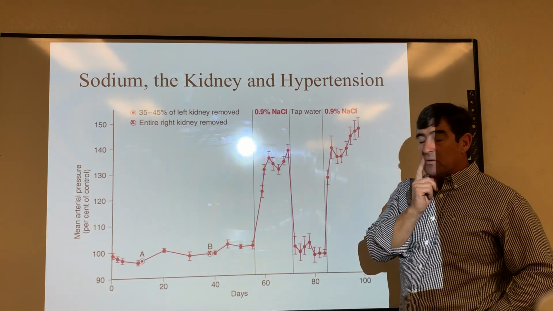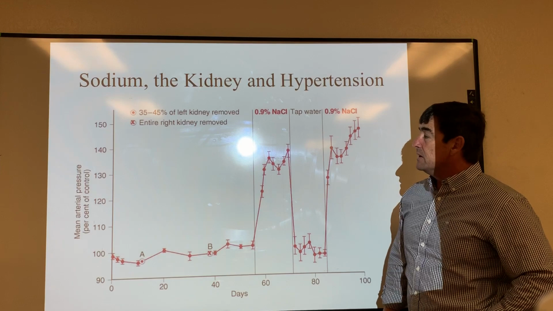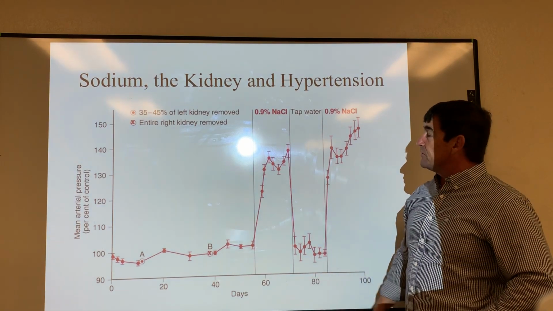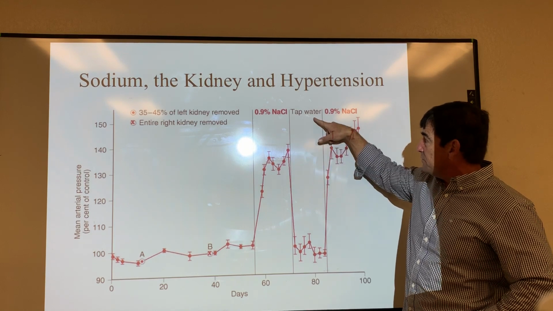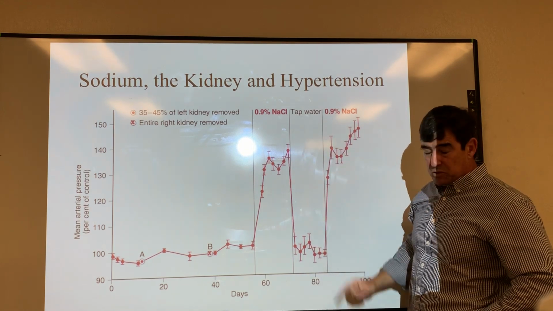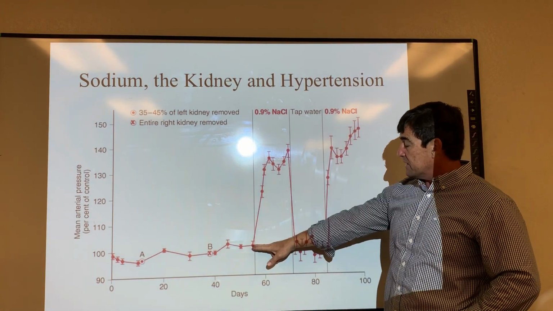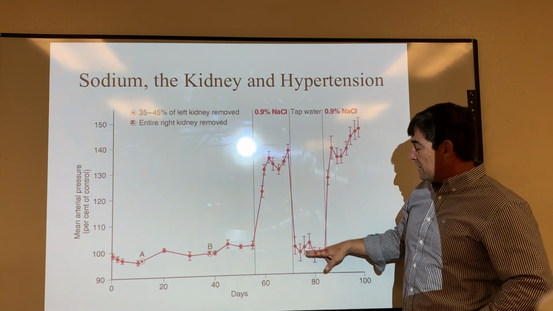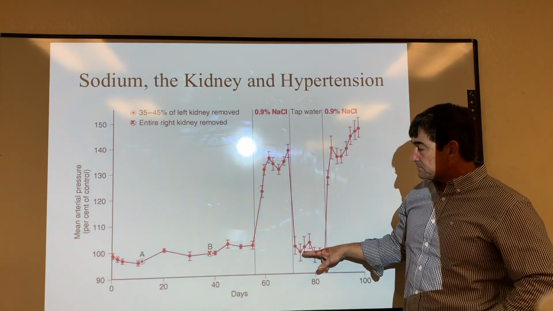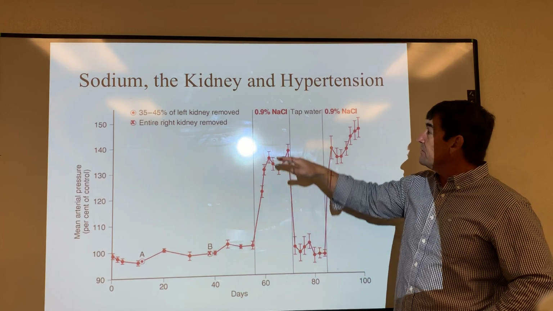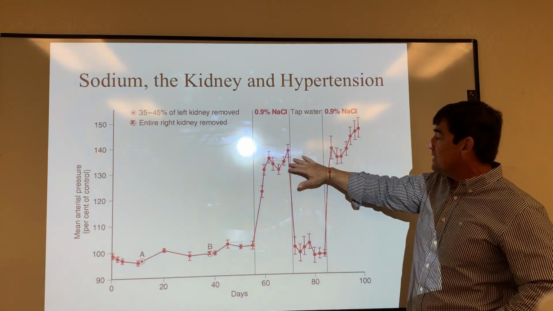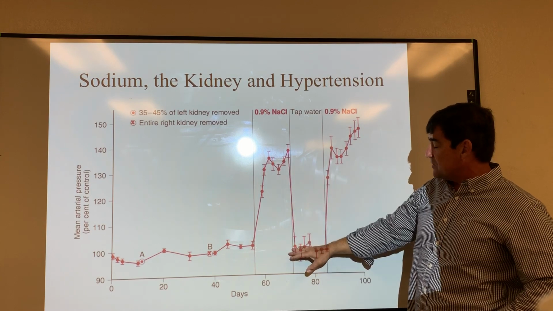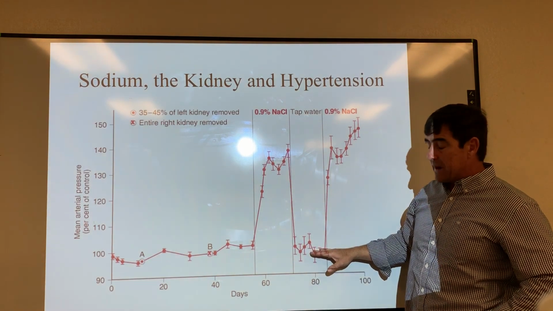The second aspect that we're going to spend a bit more time talking about is the secondary effect of salt. And it's illustrated in this paradigm. They took these rats and removed them from that high salt diet, and their blood pressure went back to normal, illustrating again the influence of sodium sensitivity. The second part of this is illustrated in this vascular response. What you see here is this group of animals, after they were switched to the low salt diet, their blood pressure went back down.